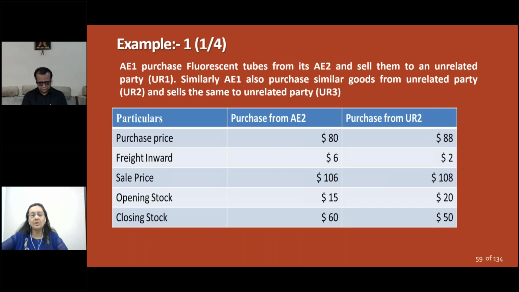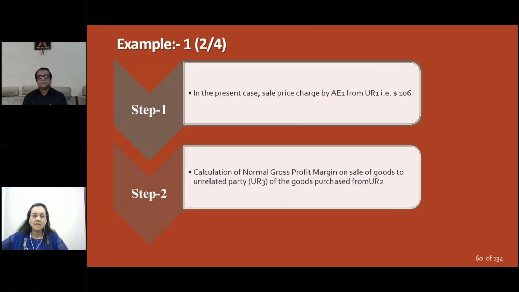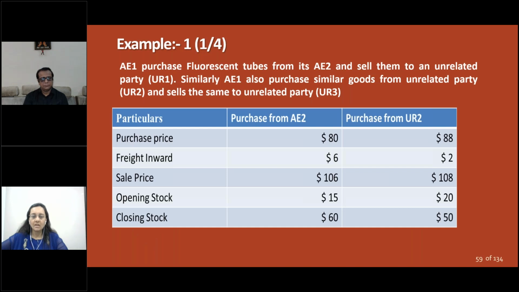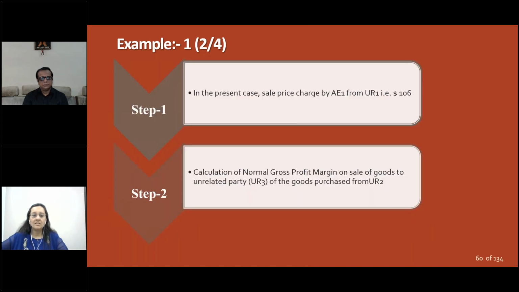Now a practical example on RPM. You'll see here that there's a purchase price from an AE at $80 and purchase price from an unrelated party at $82. There's freight inward, sales price, opening stock and closing stock. First step, you have to find the price charged by AE1 from UR1, which is 106.